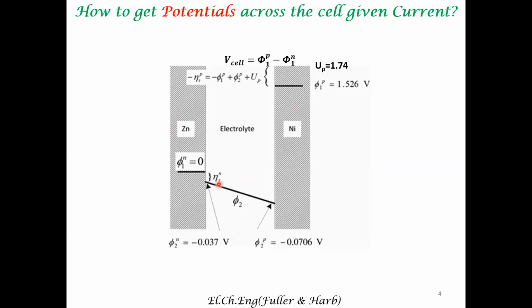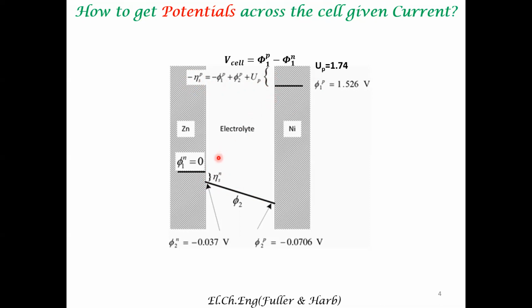And then there is an ohmic drop in the cell, which we want to find out. Eventually, what is it that we want to be quantifying? This is the surface overpotential at the negative electrode, eta Sn, and the surface overpotential at the positive electrode.